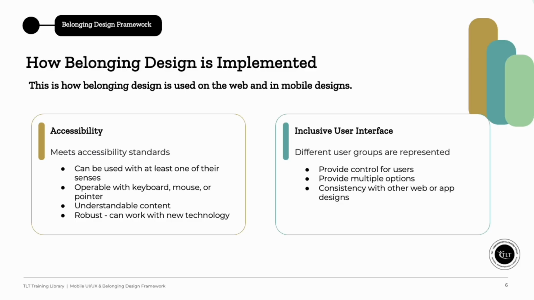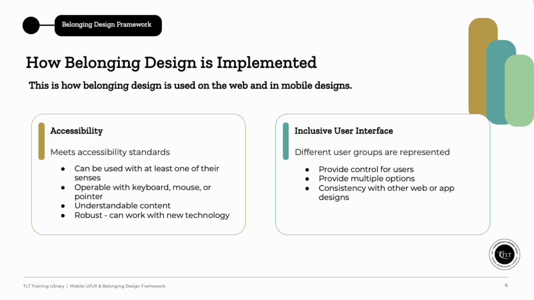Here we will go even deeper on accessible and inclusive design and explain how belonging design is implemented. So with accessibility, we want to meet accessibility standards, and we want to ensure the user can use the design with at least one of their senses. So if they cannot see, they can use a screen reader.